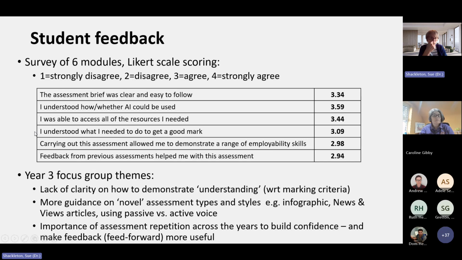I think we also carried out a focus group with year 3 students, and some of the comments from that focus group feed back to the bottom 2 statements here, where students rated those statements the lowest of all.